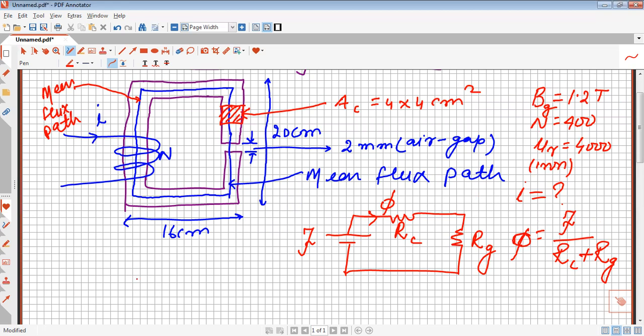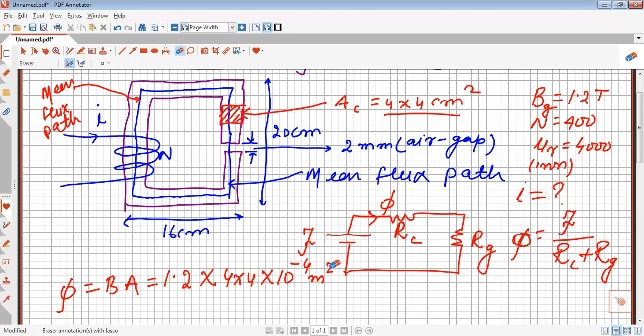We know flux phi equals B into A, so B is 1.2 into the area of cross section, which is 4 into 4 centimeter square. We have to multiply by 10 to the power minus 4 to make it meter square.